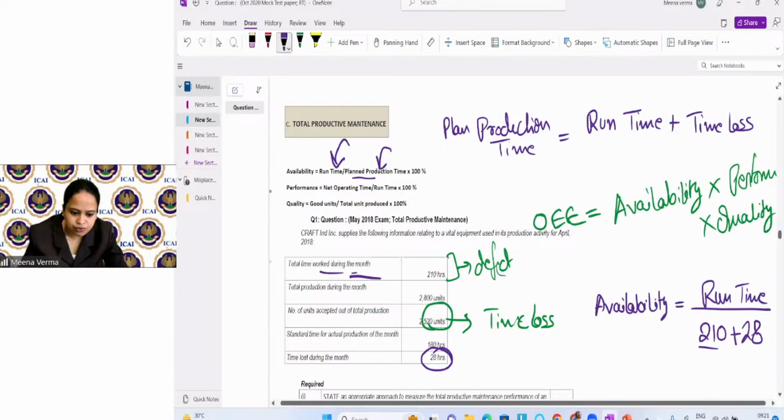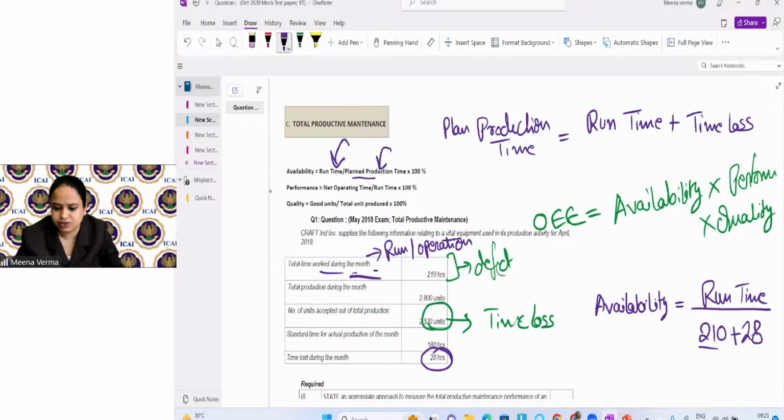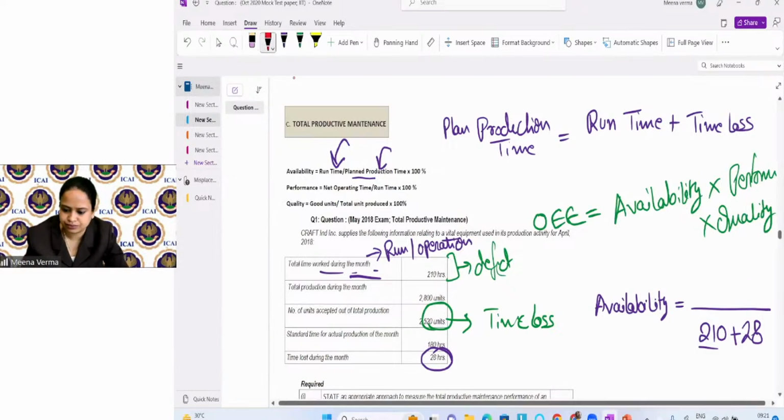Total time to work during the month is the run time or operation time. So you just put this value and solve, and tell me what is the value of availability coming here. Check and tell me what the availability is.